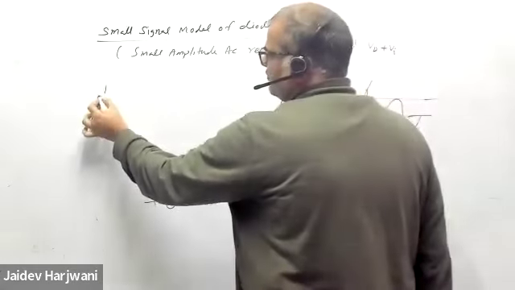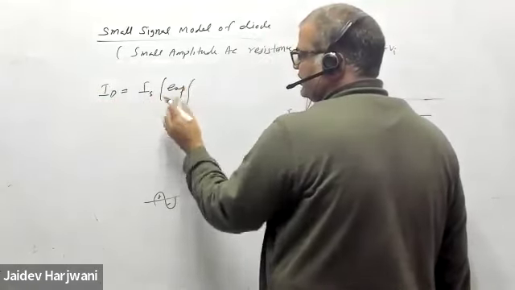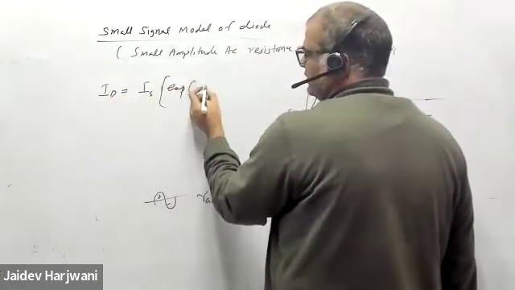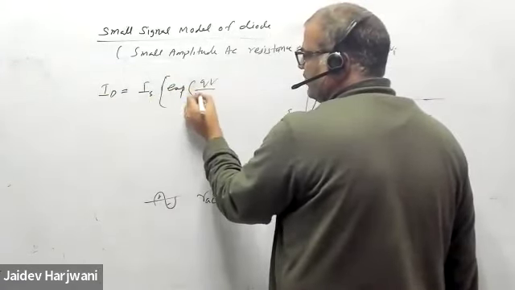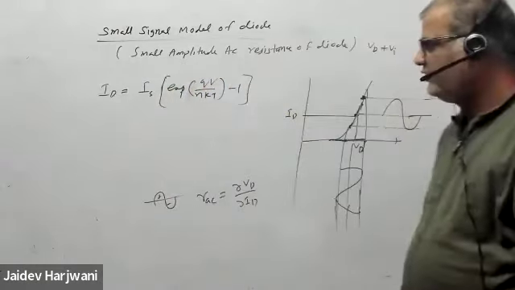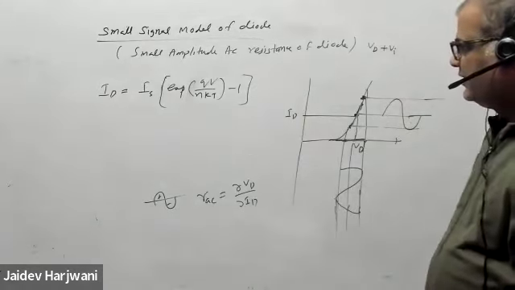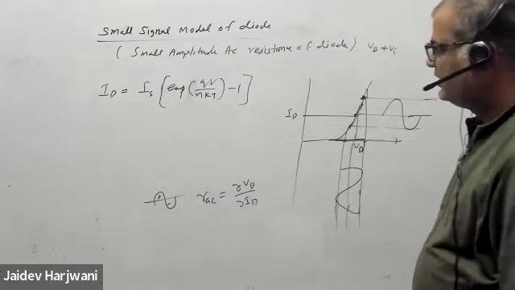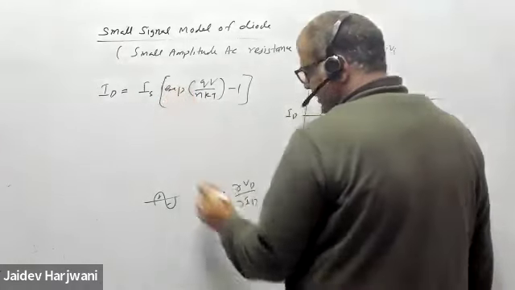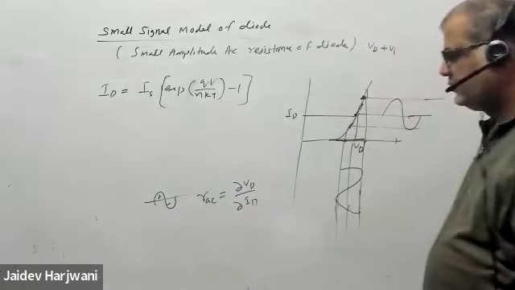I know the current flowing through the diode is given by IS exponential of QVD upon eta KT, minus 1. This is the formula for your diode. Now, RAC equals delta VD upon delta ID.